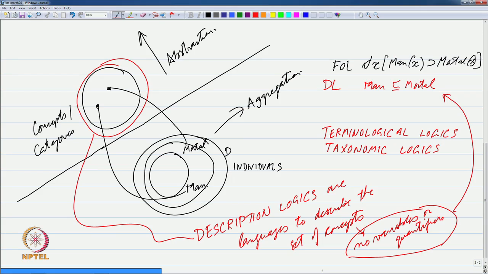So, essentially these languages are languages for describing sets. At the basic level you can think of these languages as allowing you to talk about sets.